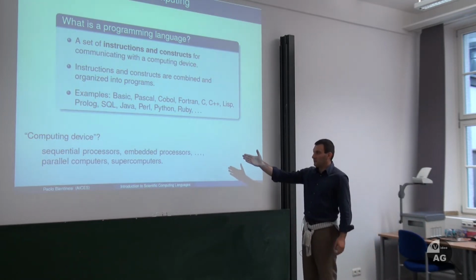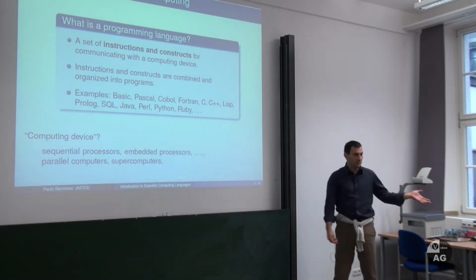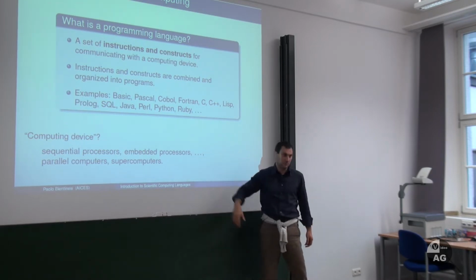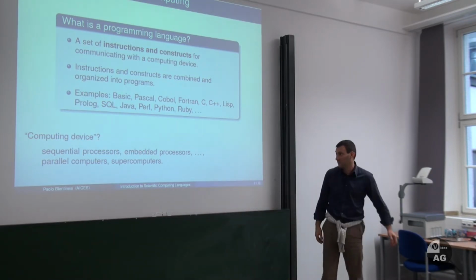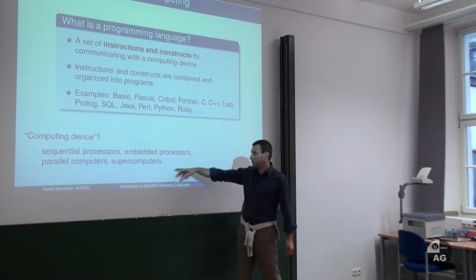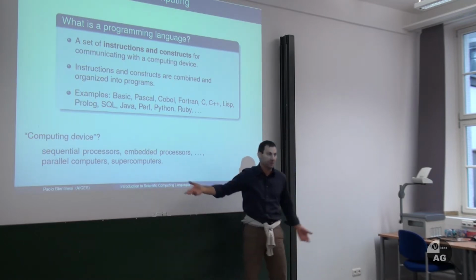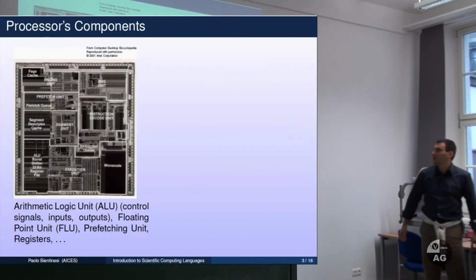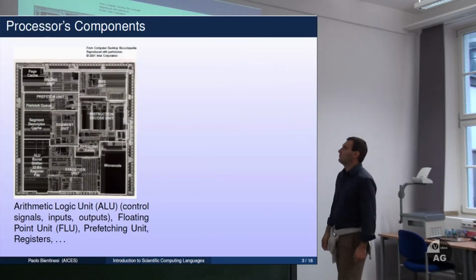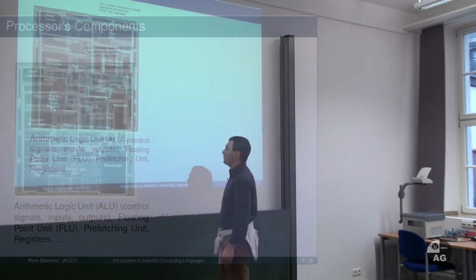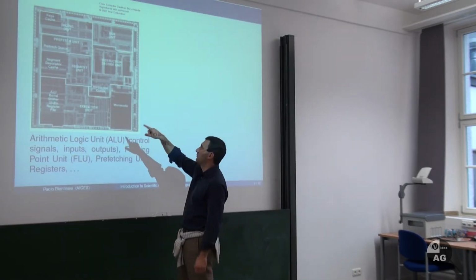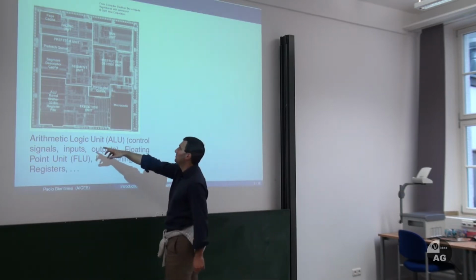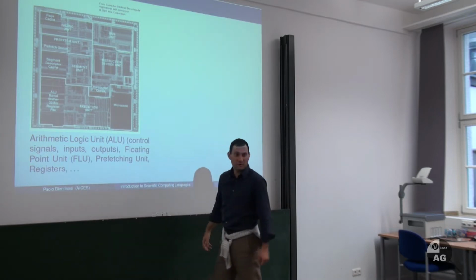You can think of anything from sequential computers, processors, to embedded processors in our cell phones and even watches, all the way up to the largest computing devices, which are the supercomputers. Here is a picture from the early 2000s. It's a crappy picture, but at least it tells you what is inside the processor. Here I spell out some of these components.